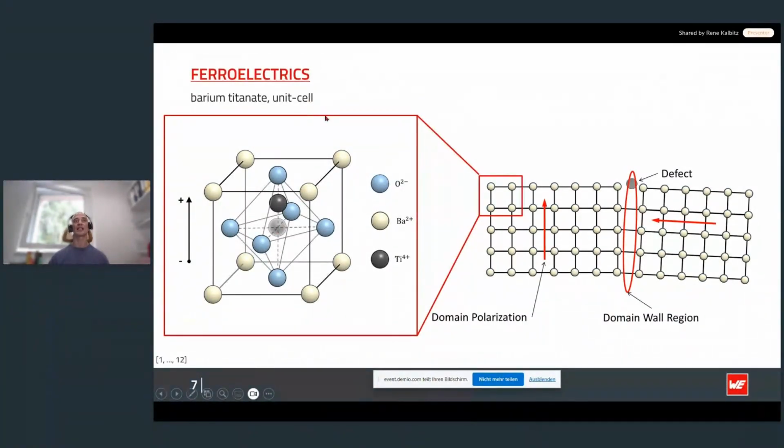Thus, the unit cell is slightly more positively charged on the top side and somewhat more negatively charged on the bottom side. Since the permanent electric dipole interacts with applied fields, the polarizability, hence the permittivity of such material, is voltage dependent.